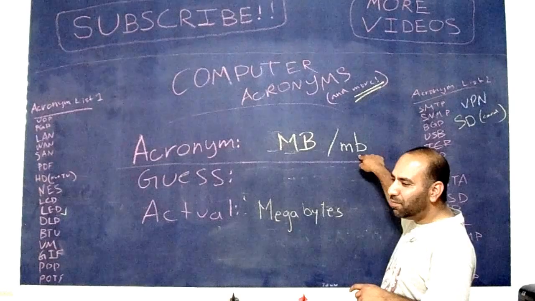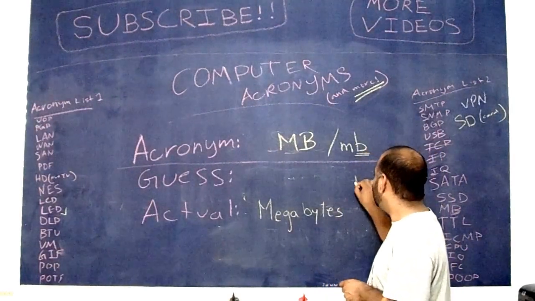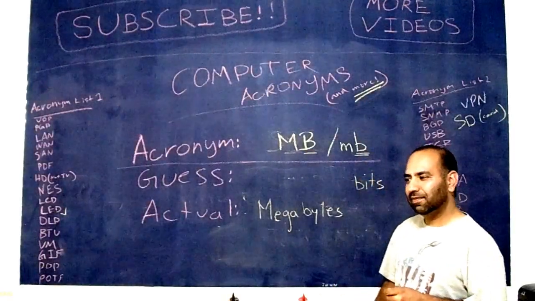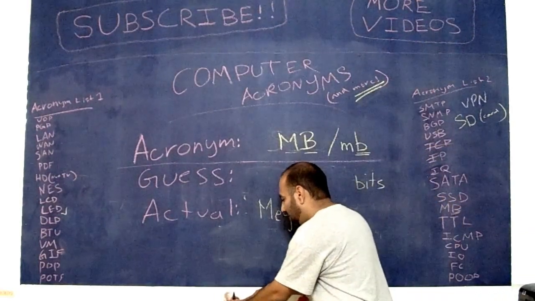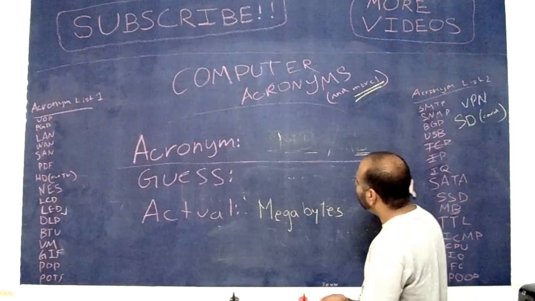If you see something written with a small b, it's actually bits, not bytes. So bytes is a capital B. You guys see that was like two acronyms in one. So just like TCP/IP.